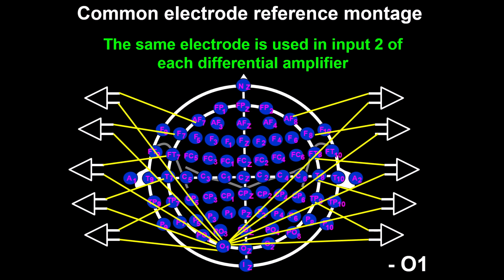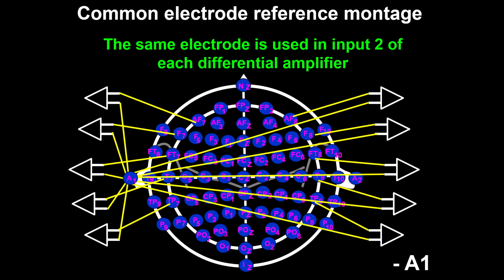It is used when the same electrode is used at input 2 for all the differential amplifiers constituting a montage. I have represented this in this frame by using O1 and in this frame by using A1.